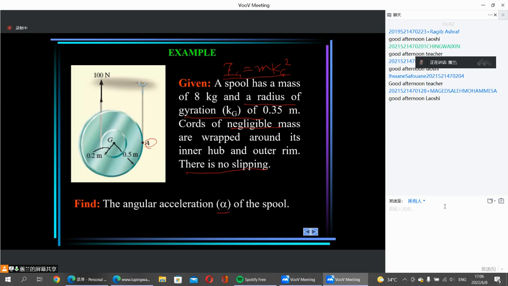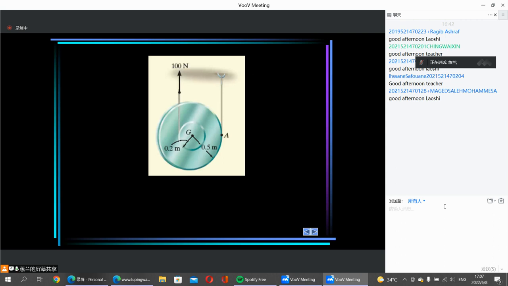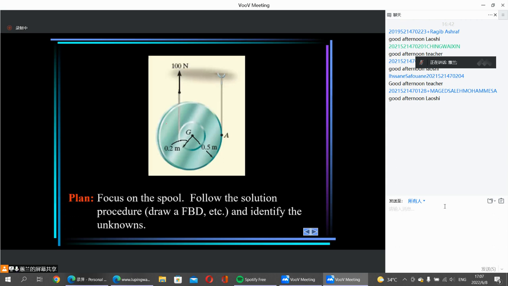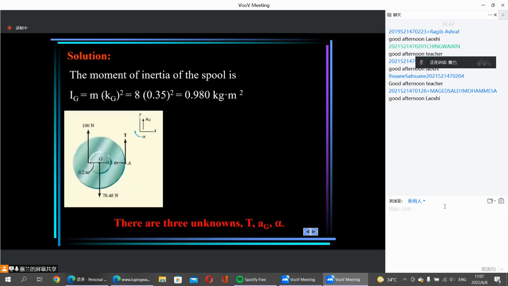First thing, again, we need to establish a Cartesian coordinate system. Here it's simple, we only need the y coordinate, right? Because in the x direction, nothing happened. So we have the Cartesian coordinates, and then we need to draw the FBD and KD. The FBD is simple: the tension force and the weight force.